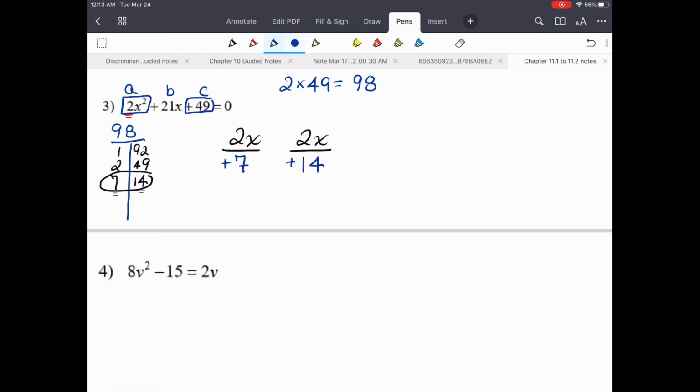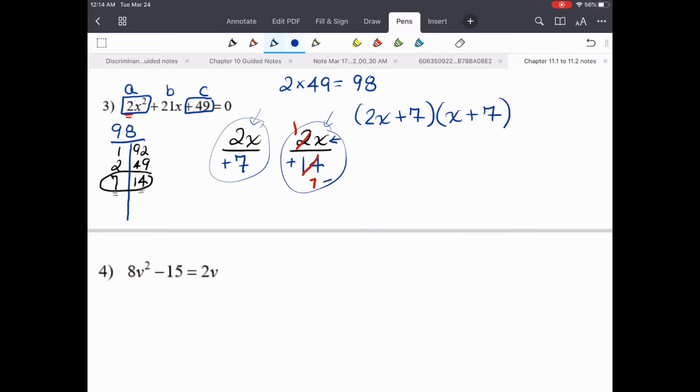And then what you do is you look at them like ratios. You look at them like fractions and see if they reduce. Now the first one does not reduce. This one right here will reduce to 1 over 7. Break that down, we get 2x plus 7. And then the other binomial is going to be x plus 7, because we had an x here and we had a 7 there. And then that all equals 0.